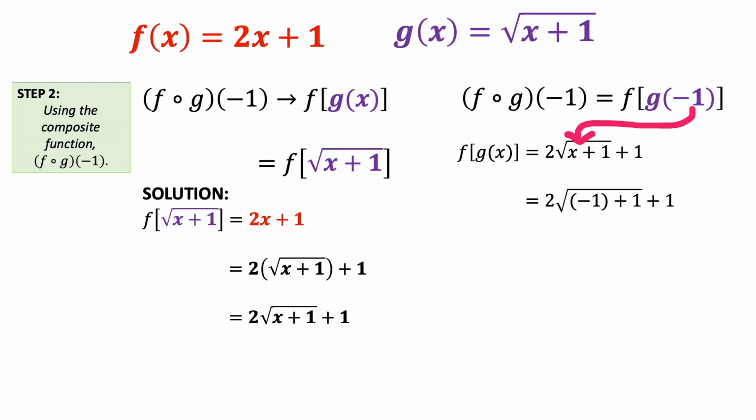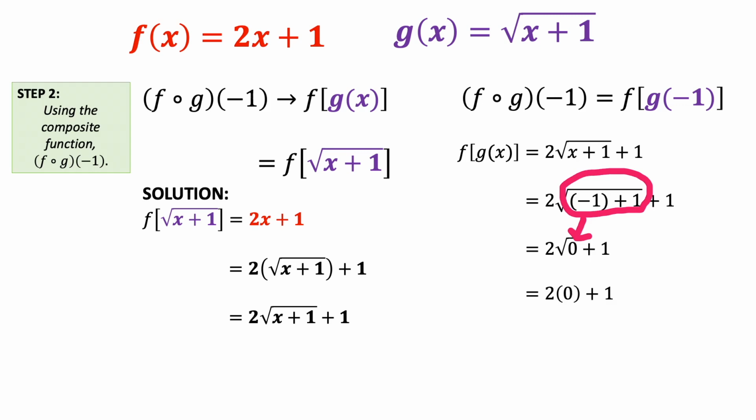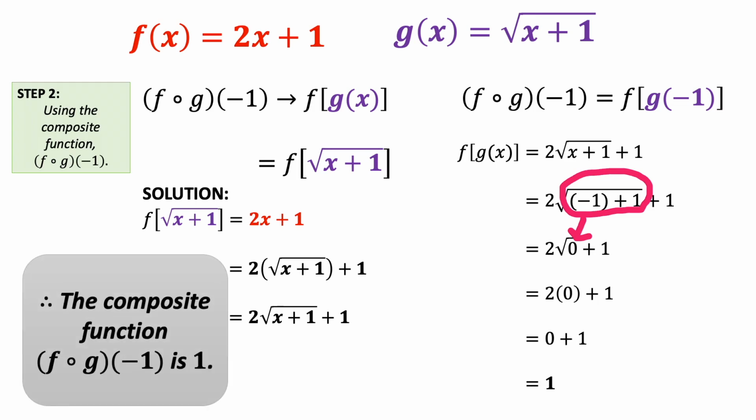Applying PEMDAS, we will simplify first the operation under the radical sign. Therefore, negative 1 plus 1 will give us 0. Then, the square root of 0 is 0. Now, we have 2 multiplied by 0 plus 1, which will give us 0 plus 1. Therefore, f circle g of negative 1 is 1.